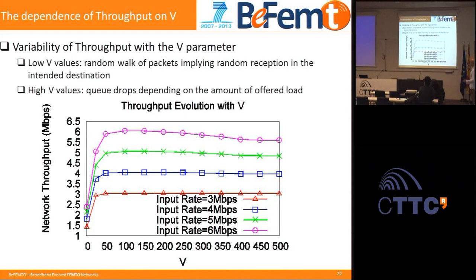And we can see the variability of throughput over the x-axis with this V parameter for different input rates for the 2 flows injected in the network of femtocells.